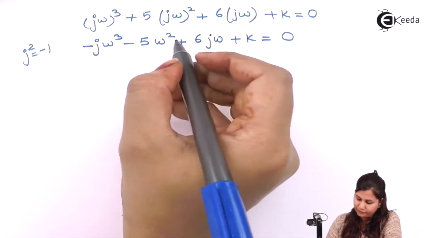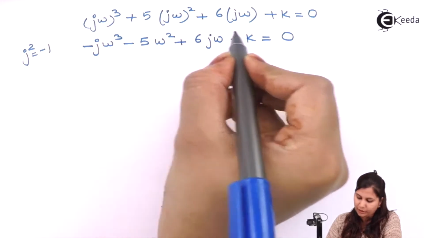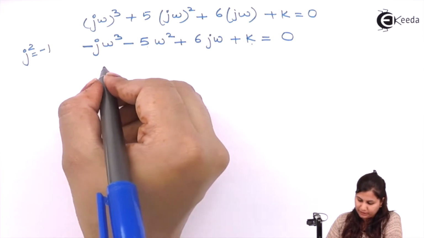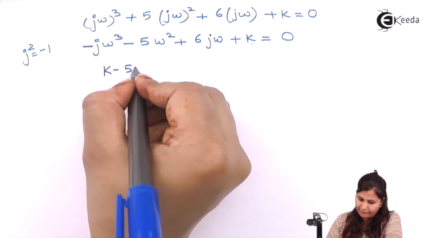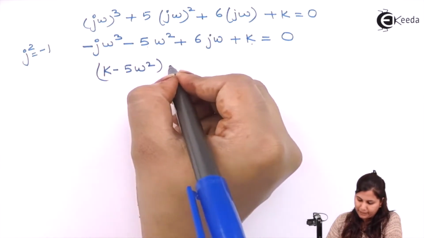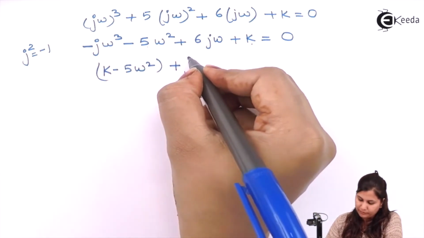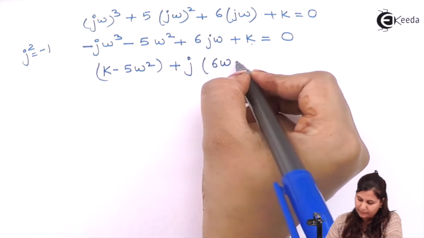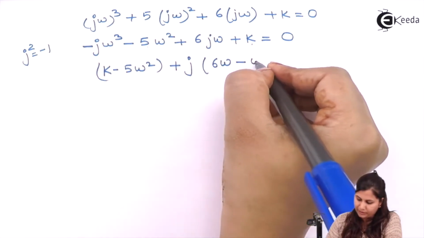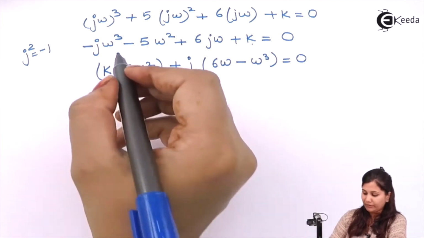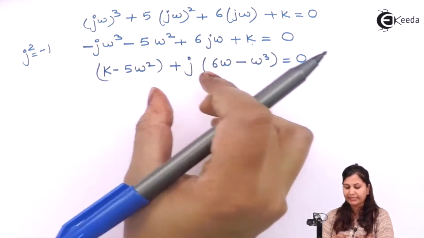Simplify this further. We have two constant terms without j, minus 5 omega square and K. So it will be K minus 5 omega square plus, taking j common from the other two terms, j(6 omega minus omega cube) equals to 0. So when we simplify this equation, we get two parts.